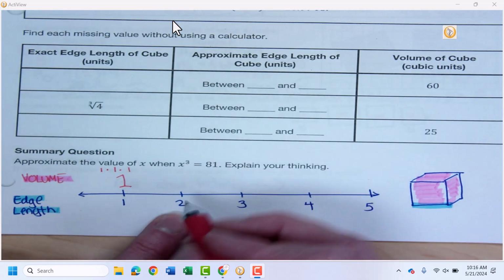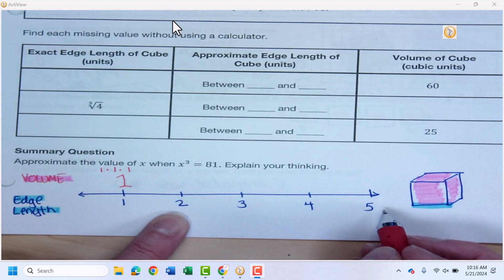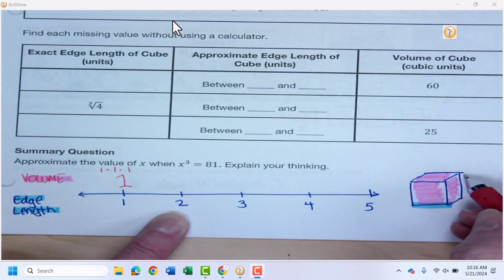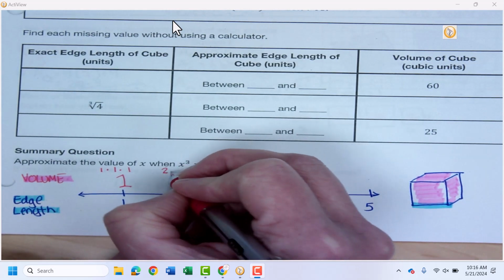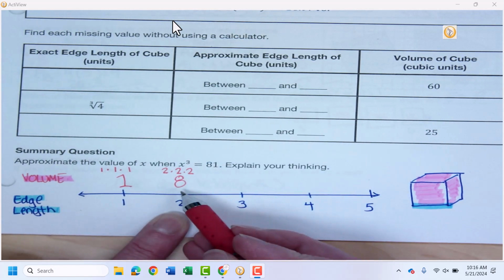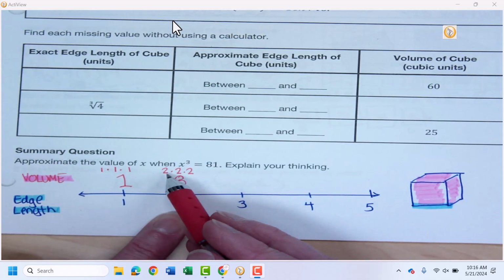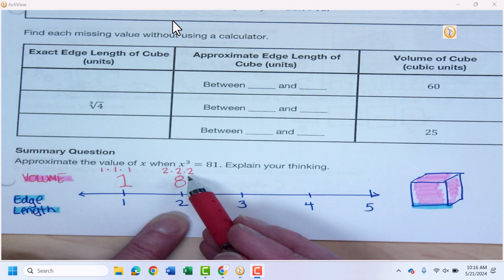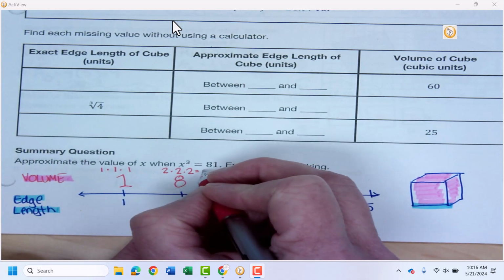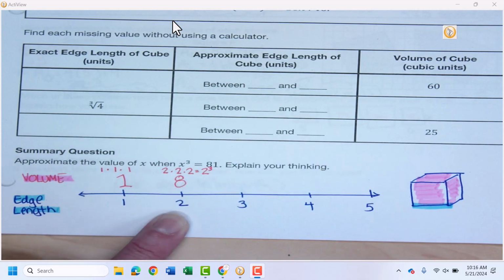So it's easy enough to generate the other volumes. If this was 2 by 2 by 2, I would multiply those edge lengths together and get 8. Don't confuse this with 2 plus 2 plus 2. This is really 2 cubed. That's why they call it cubed, 2 to the third power.